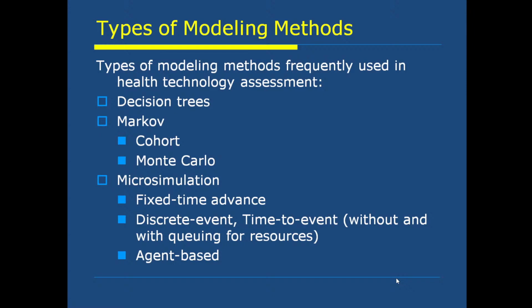There are subcategories for Markov models, such as cohort and Monte Carlo methods. Microsimulation is divided into three parts: fixed time advance, discrete event, time to event without and with queuing for resources, and agent-based modeling methods.